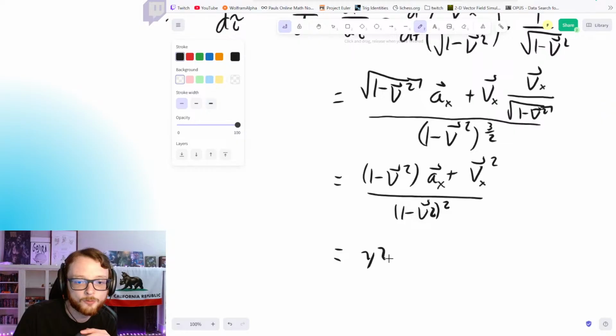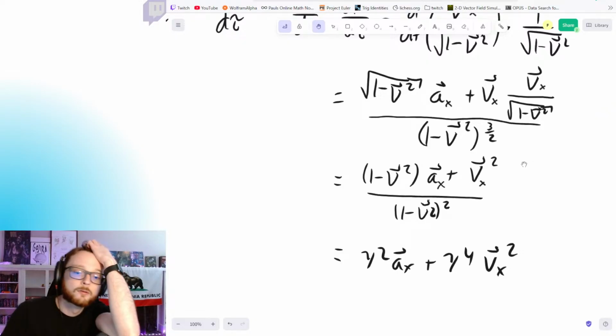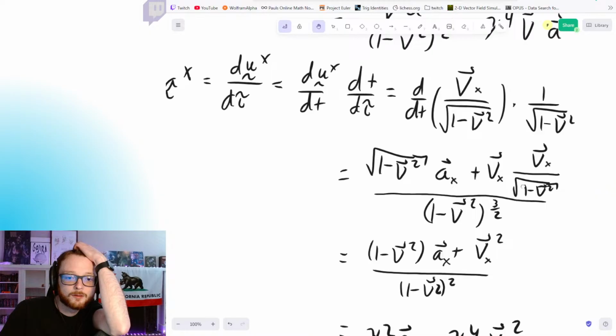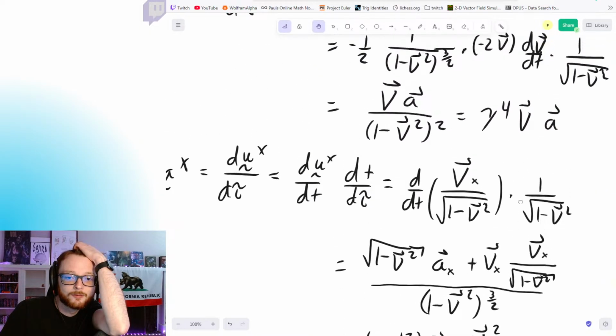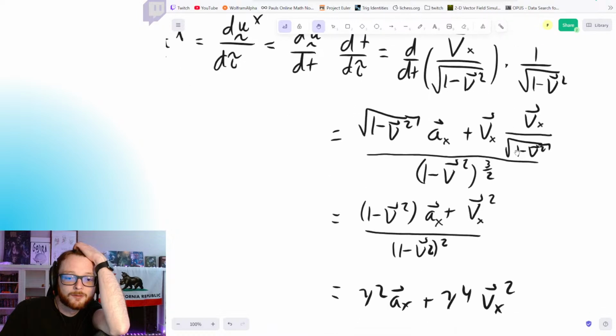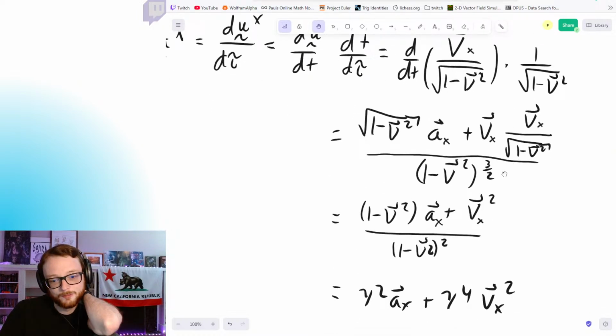So we get gamma squared ax plus gamma to the fourth vx squared. And then the other two components would be the same thing with the other components.